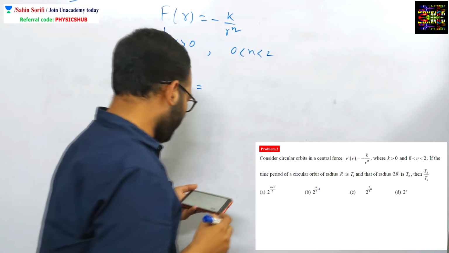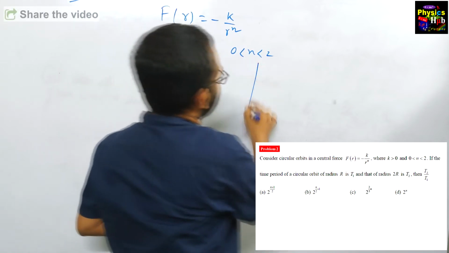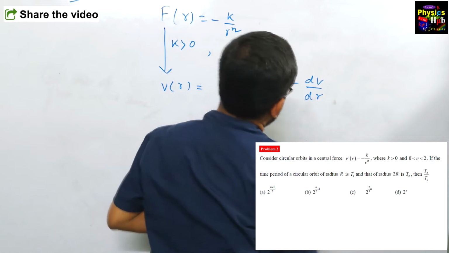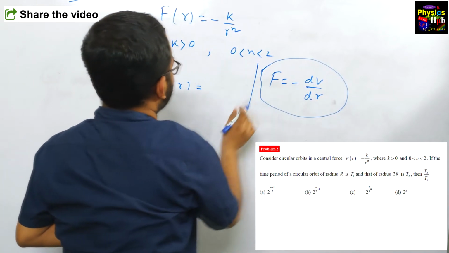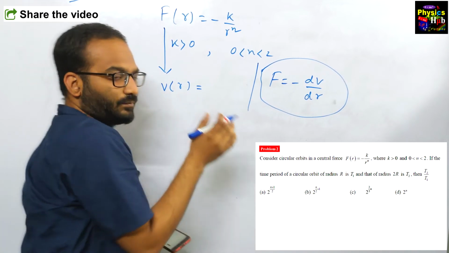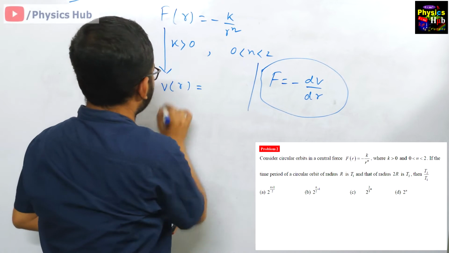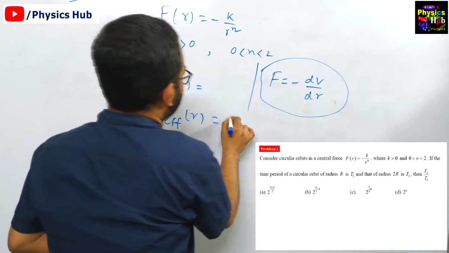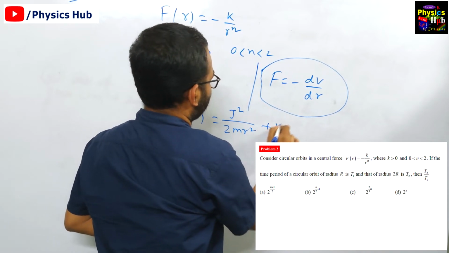Once you get the potential, you know the formula F = -dV/dr. Keeping this relation in mind, you can calculate V. Actually, you will require dV/dr because you will calculate V effective of r. This will be L^2 or J^2 by 2mr^2 plus V of r.